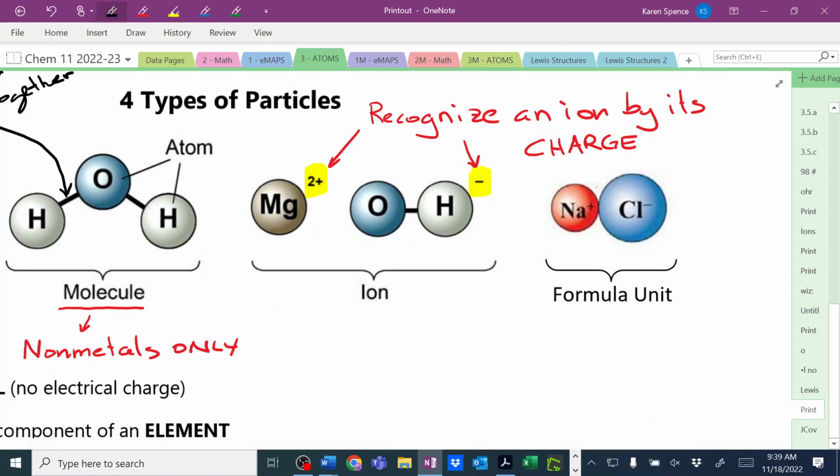So if we look at our formula unit, it's got a positive and a negative, and it is made of what kind of elements usually? Metal plus nonmetal, yeah.